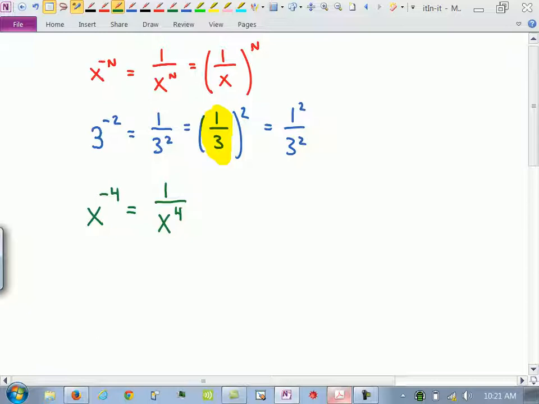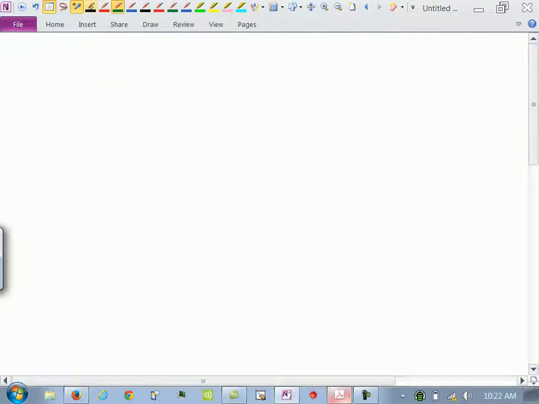Okay, let's try a couple of examples now, all right? Real problems that you would find in your book. On these problems, I want us to try and simplify what these mean. So A, what's 4 to the negative 2? What does that mean? Or what is that?